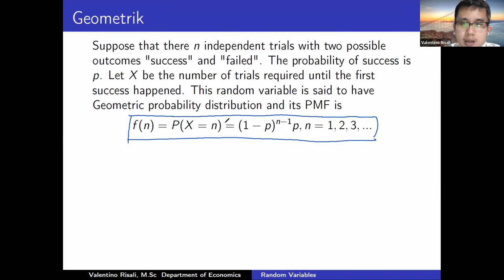The probability of x equal to n is (1 minus p) to the power of n minus 1. N minus 1 is the number of failures, and of course, because we have 1 success, we multiply this expression with p, for n from 1 to 3 and so on.